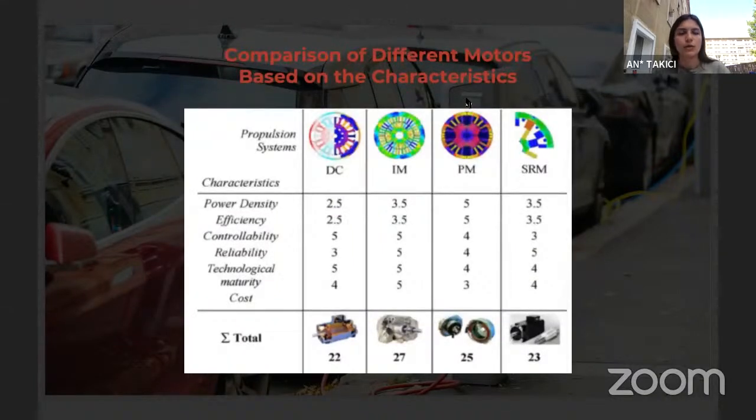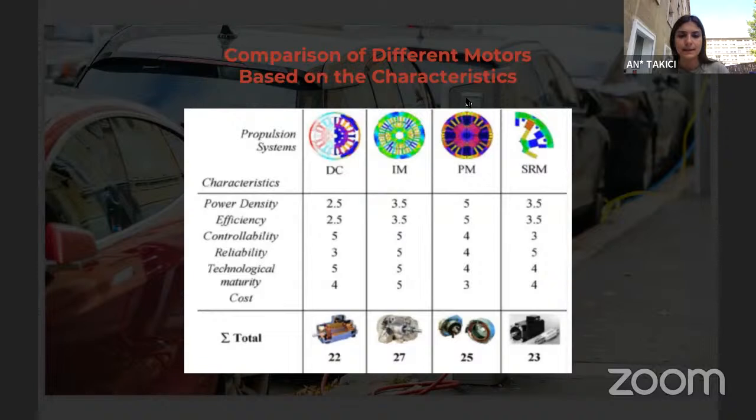Also, comparison of different motors based on the characteristics. There are 4 motor types that we compared with each other.